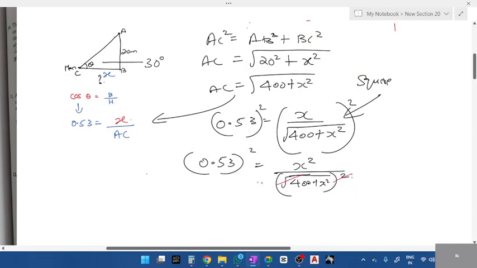Square gets cancelled. Can you calculate 0.53, students? How much is 0.53 into 0.53? Multiply 53 into 53. X square divided by 400 plus x square.